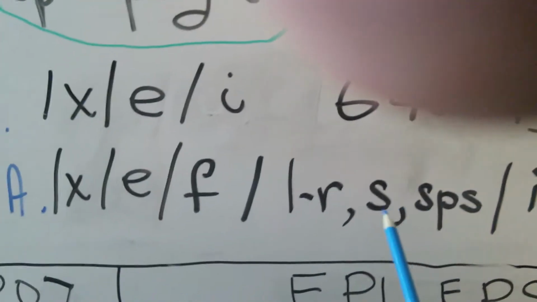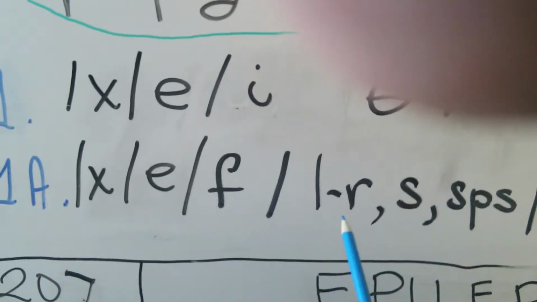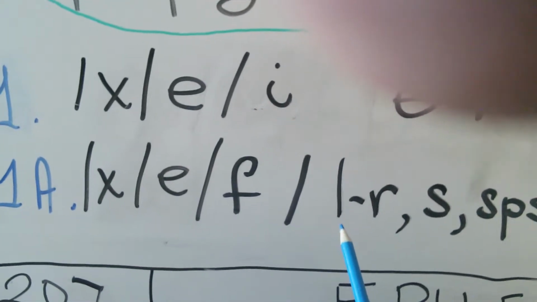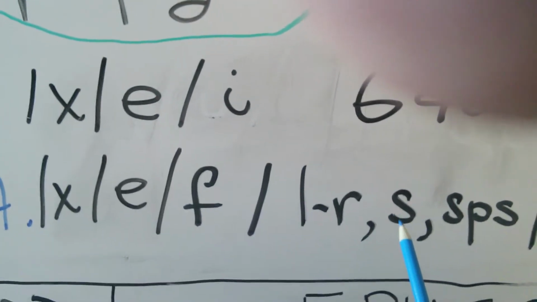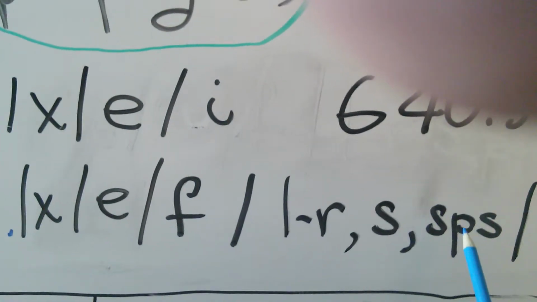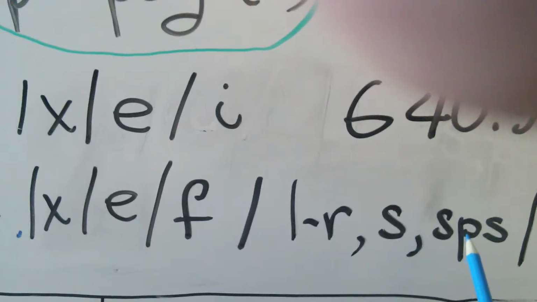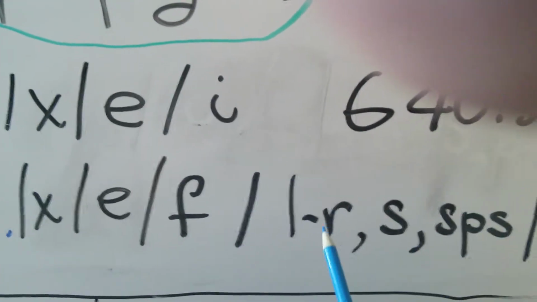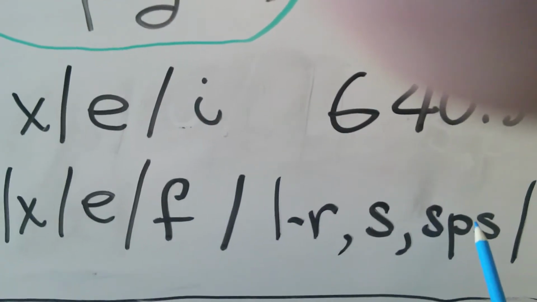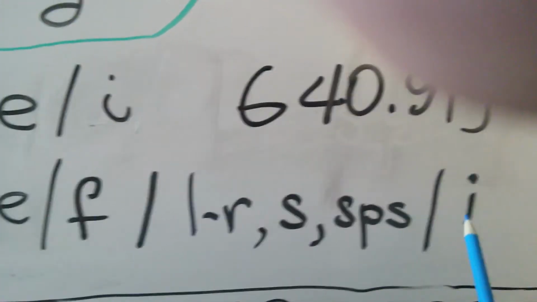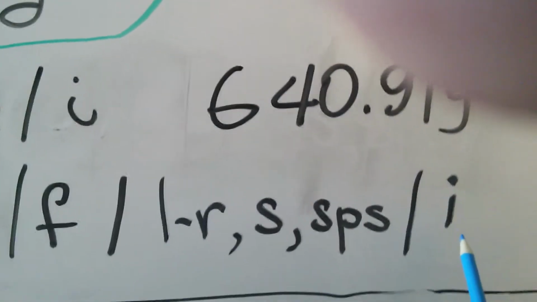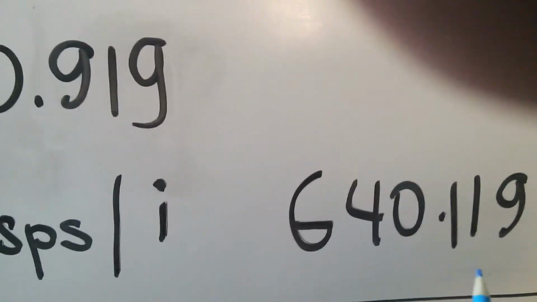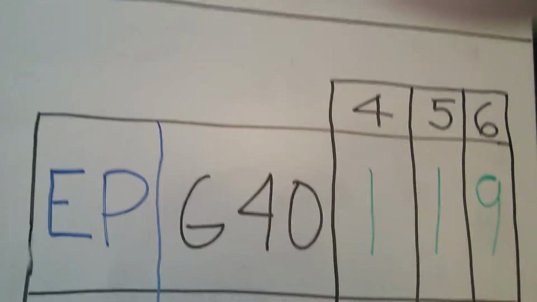LR is localization related, S is symptomatic, and SPS is with simple partial seizures. We find all these instructions, and after that we also see that there is a subdivision for intractable. So that's our code, G40.119, which Stephanie just wrote here.